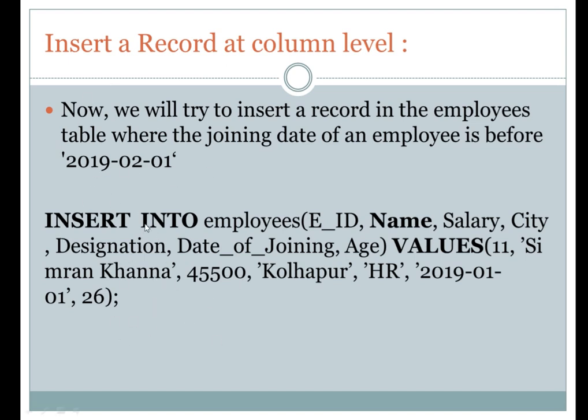Insert into employee, with employee ID, name, these are all the attributes, and the values are 11, that is the employee ID, then the particular name of that employee, then salary, city, and his designation.